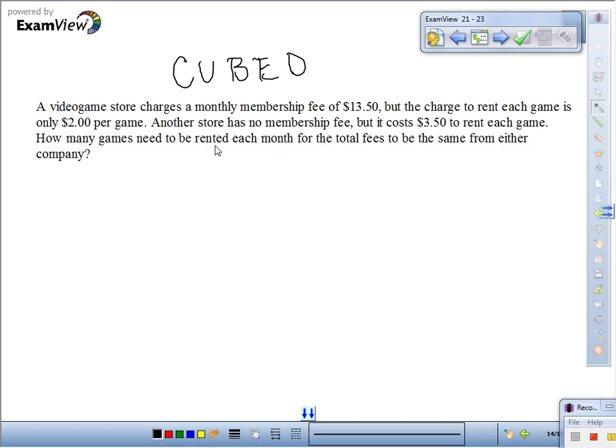How many games need to be rented each month for the total fees to be the same from either company? So I'm going to start by circling important numbers. Important numbers are $13.50 membership fee. Okay. This one, $3.50 to rent the game, and this one, $2 to rent the game.